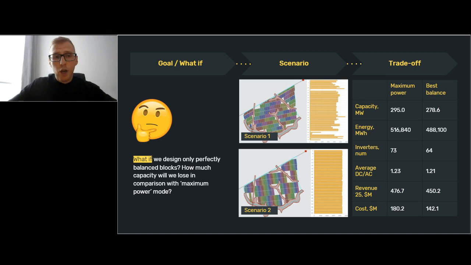And basically, when you want to fill your site as much as possible, you will end up with different blocks, so with different DC power coming into inverters.